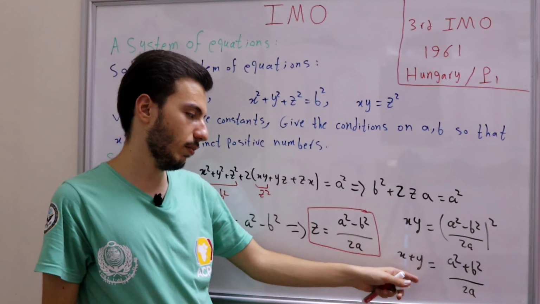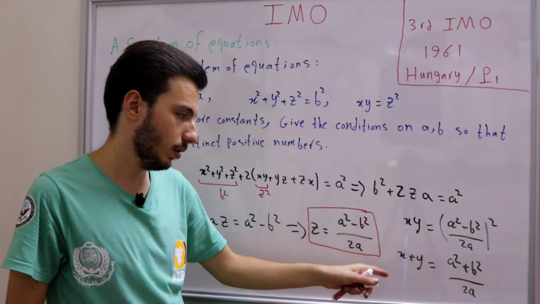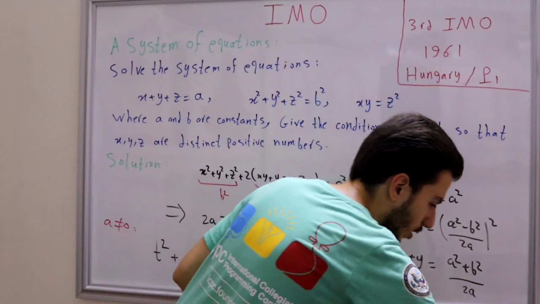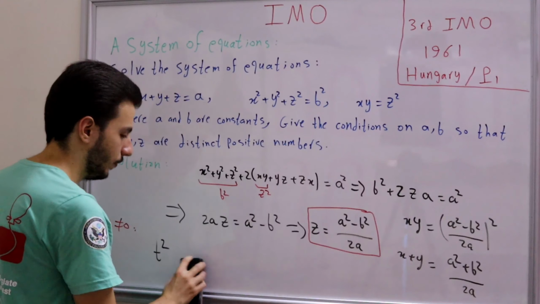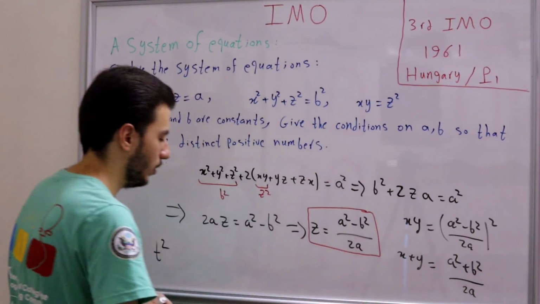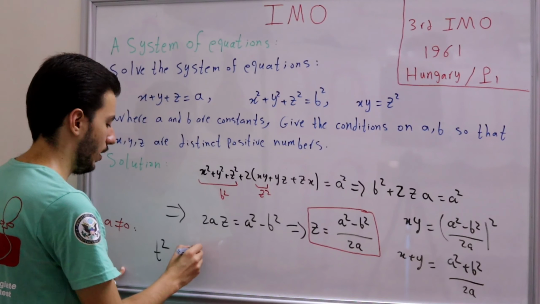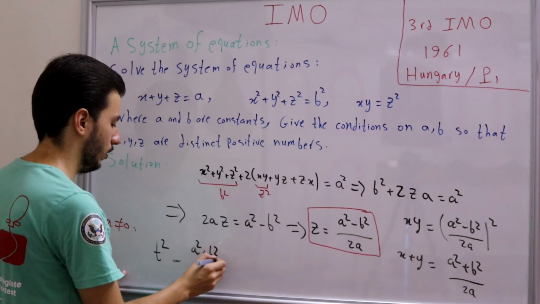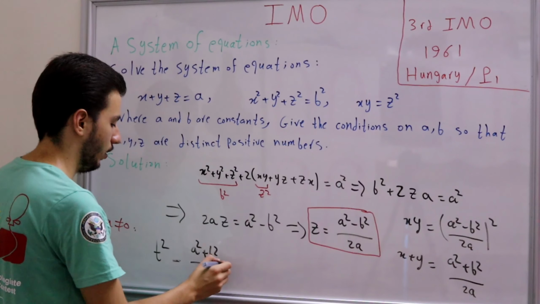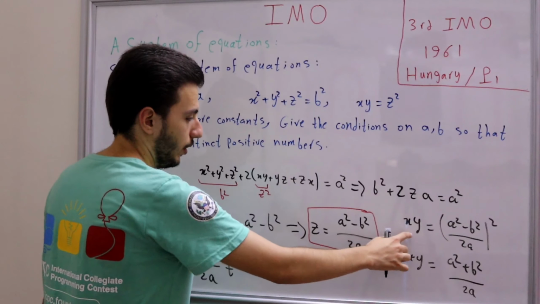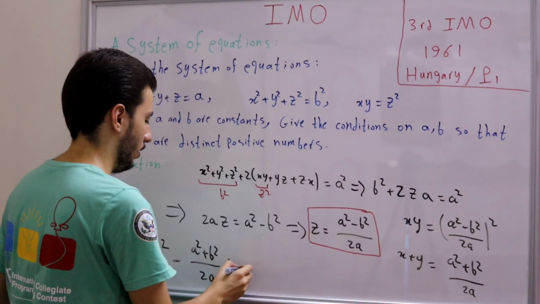We know that the sum is minus b, so here it is, sorry, not a plus but a minus: minus a squared plus b squared over 2a, times t. And then what is c? xy is just c, so it's just like that.